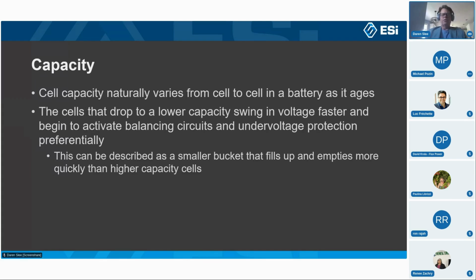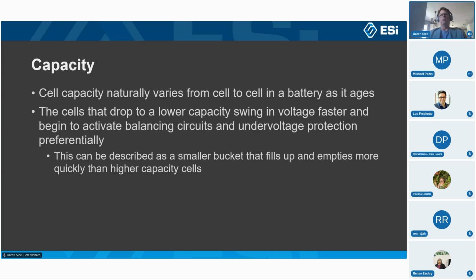So as your battery pack with multiple cells ages, they change in capacity from, you could say, perfectly balanced capacity, say 2 amp hours per cell, and they've all been matched when the pack is manufactured, to a variety of different capacities.